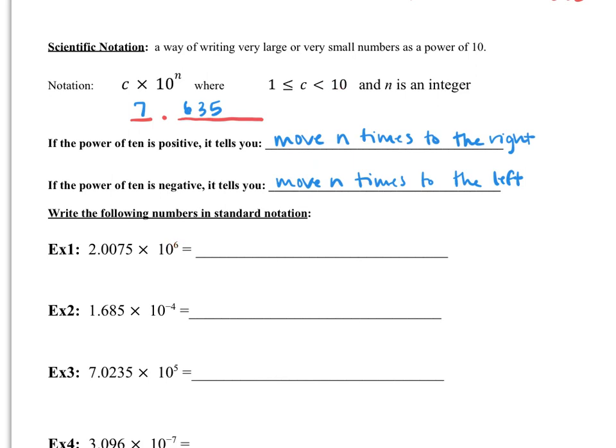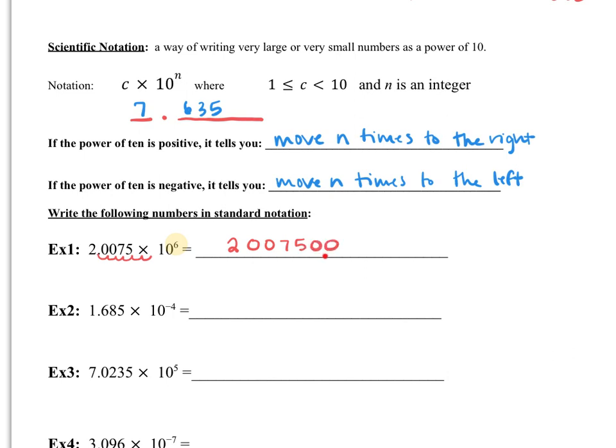My power of 10 is 6, so what this 6 tells me is that all I need to do is move my decimal point 6 times to the right. So I would do that by going 1, 2, 3, 4, 5, 6. And so I've got these 2 extra empty spaces, and so I fill those with zeros. So I'm going to come over here, and I'm going to write that. 2007500.